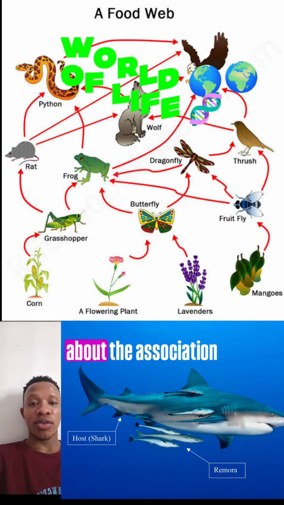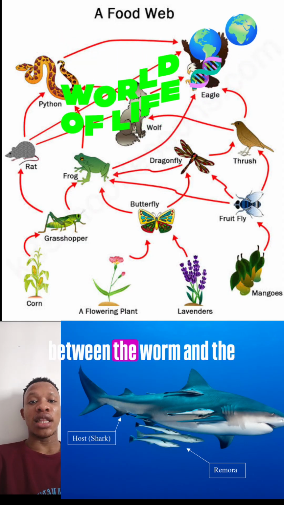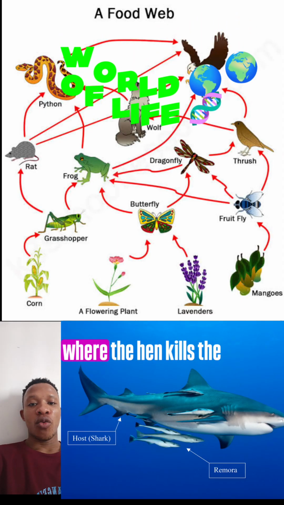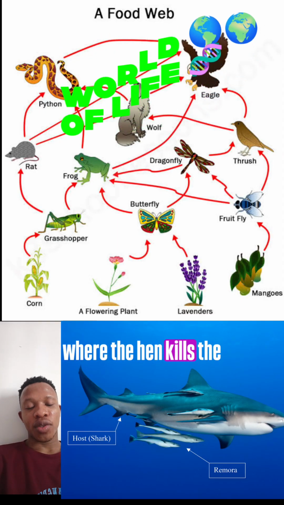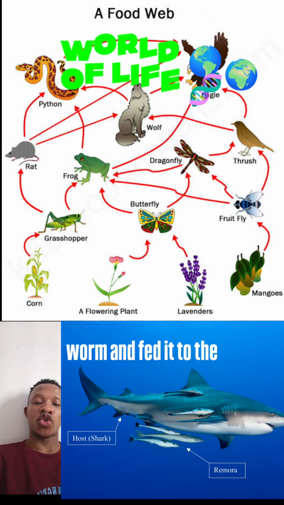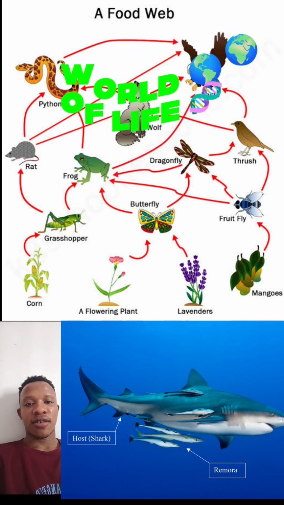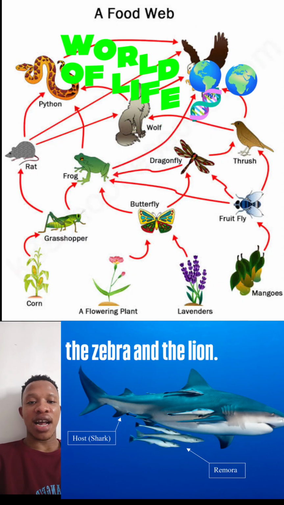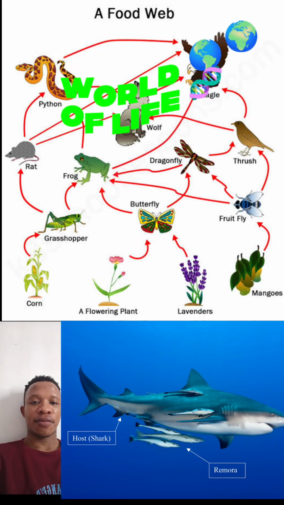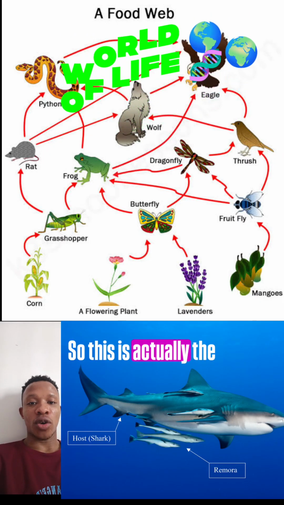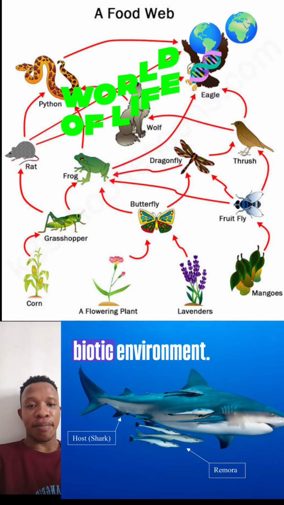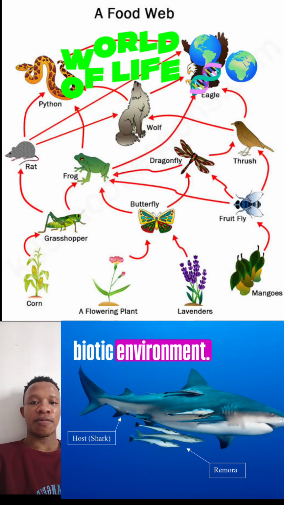Here we are talking about the association between the worm and the chicken, where the hen kills the worm and feeds it to the chicks. Second, we have the zebra and the lion. So this is the predation association in the biotic environment.